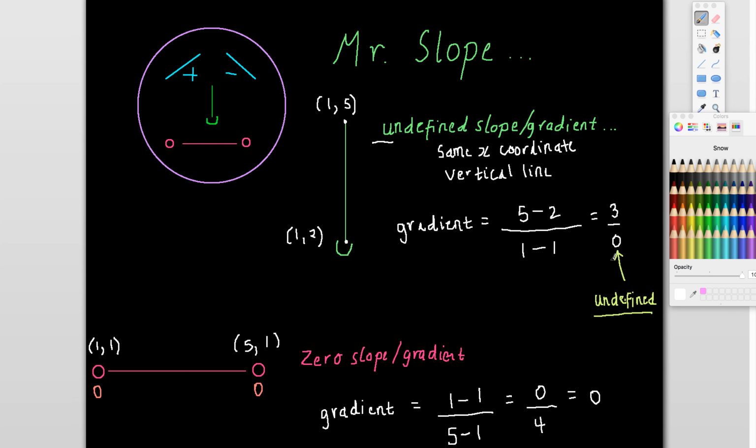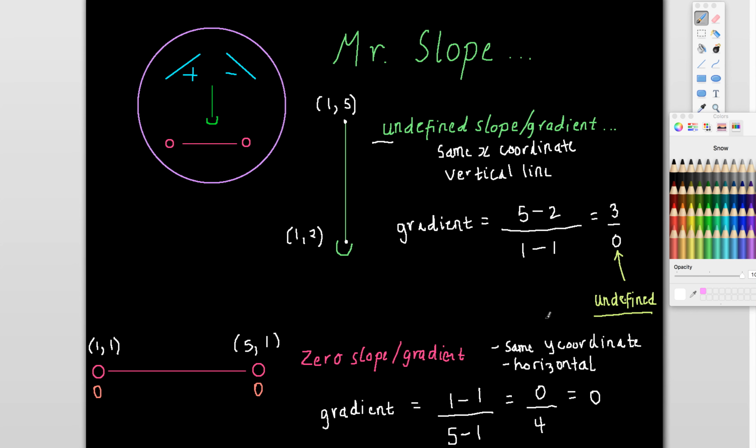A 0 in the denominator is not okay. When you have a 0 in the numerator, you're going to get an overall value of 0. And therefore, when we have horizontal lines, they will have the same y coordinate, they will be horizontal, and their slope will be equal to 0.